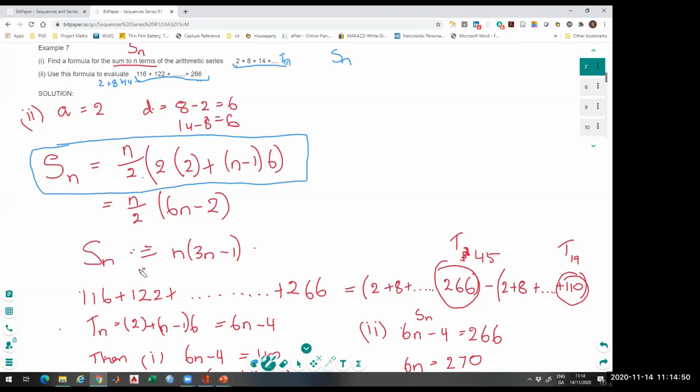So to evaluate up to 266, we don't know what term it is, in other words, how many terms it is after the very first.